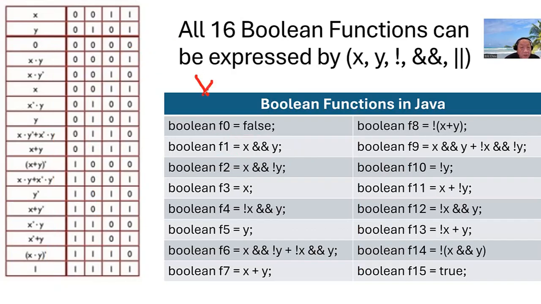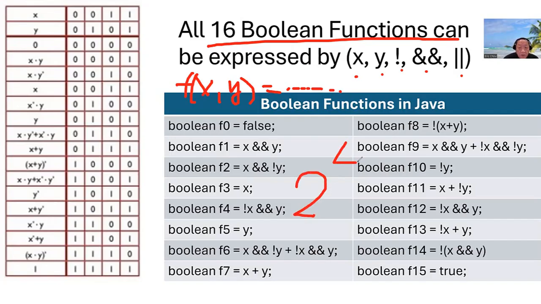So you have x, y, f of xy equals something, and now generate the 16 different combinations of the function. We call them all the 16 Boolean functions that can be expressed by x, y, and, or, and not. So it's totally 2 to the power 4 possible functions.